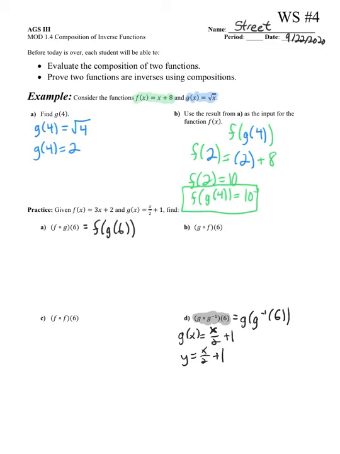And what was the big thing we did for inverses? We take the x and y and we swap them. x equals y over 2 plus 1. And now we can go ahead and solve for y. So I'm going to subtract 1 from both sides. x minus 1 equals y over 2.